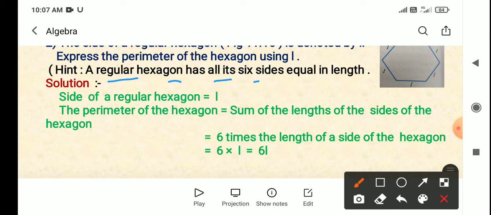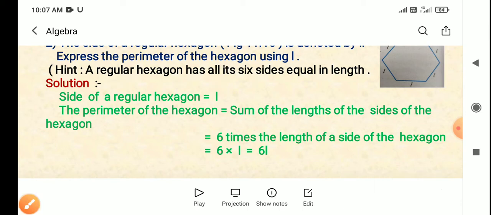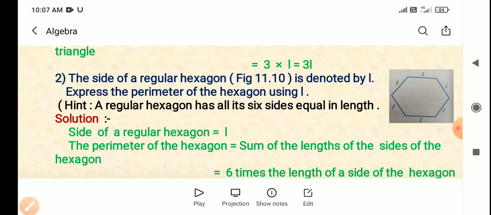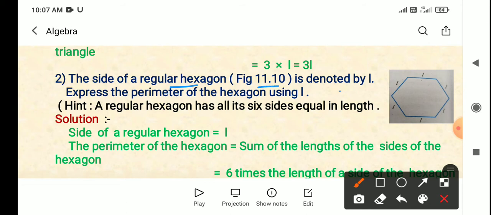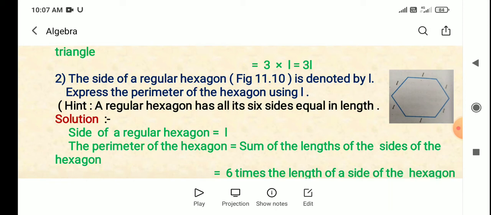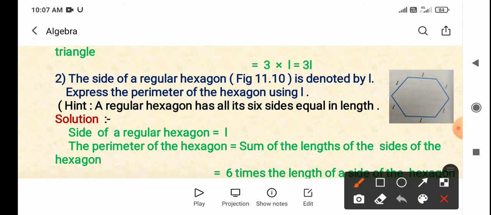Here we consider the side of a regular hexagon denoted by L. So we write, side of regular hexagon is equal to L. Now we have to express the perimeter of the hexagon. The perimeter of the hexagon is equal to the sum of the lengths of the sides of the hexagon. A hexagon has 6 sides which are all equal in length.